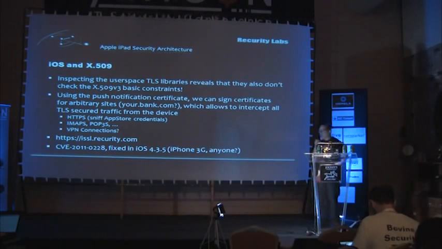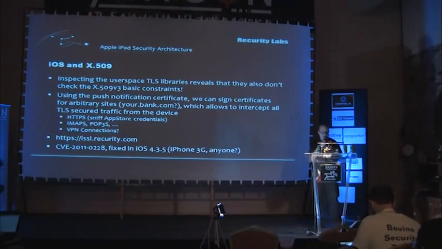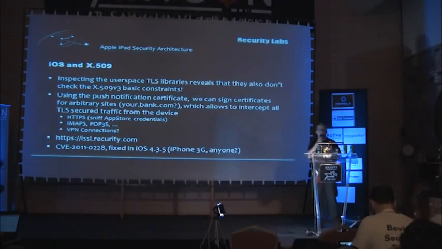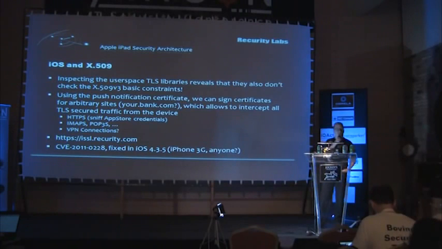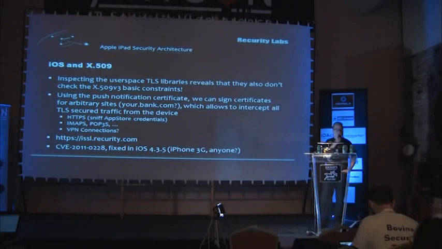Interestingly here, they updated iOS 4, and that means they updated the iPhone 4 and the iPhone 3GS. But nobody else. So if you have an iPhone before the 3GS, SSL is broken and Apple doesn't care.